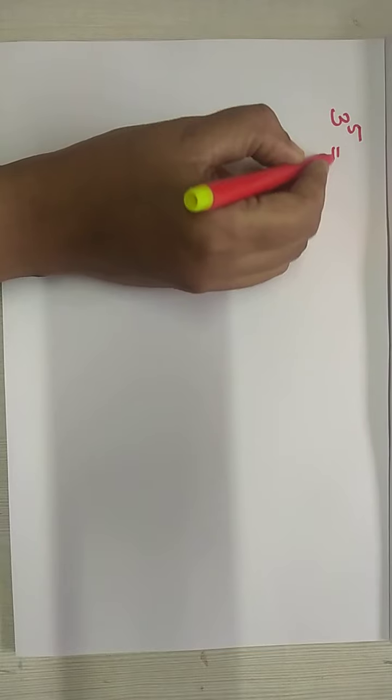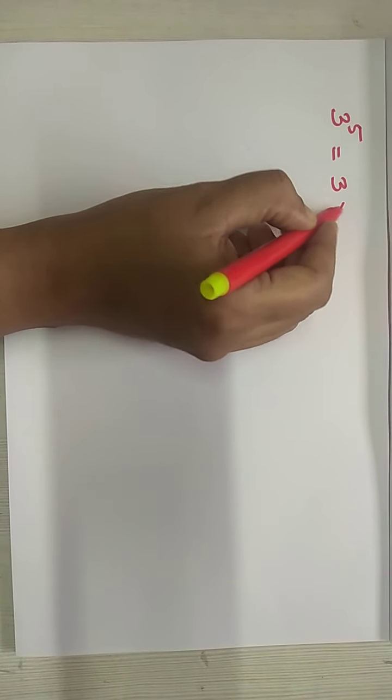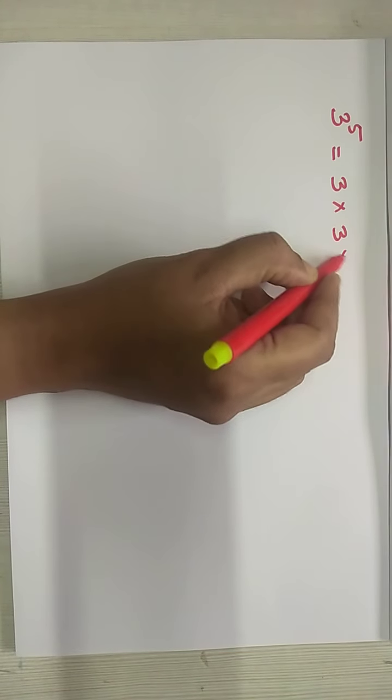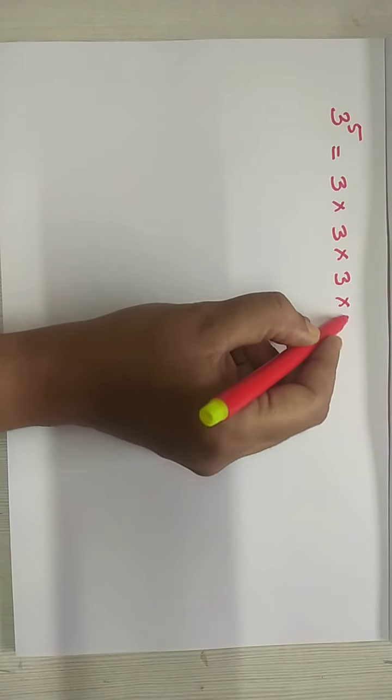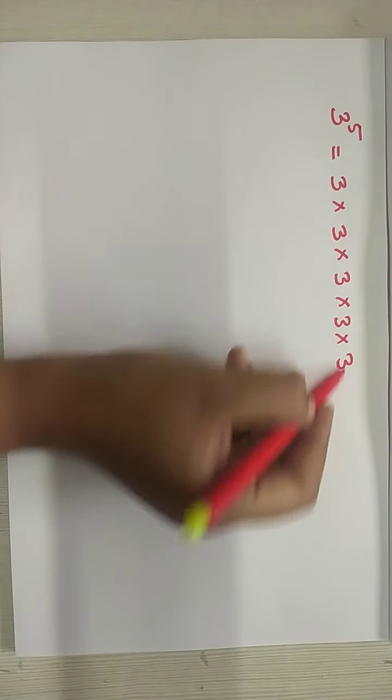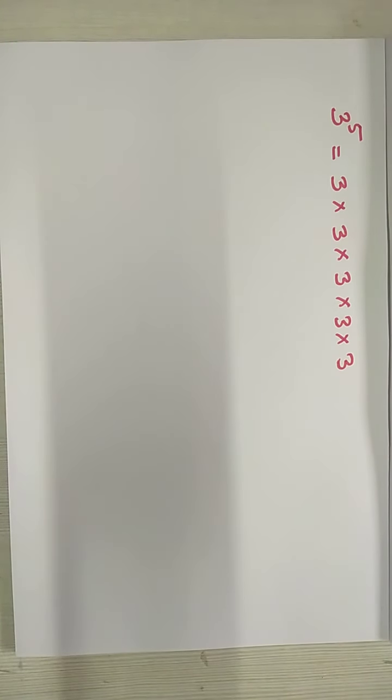Let's take more examples. For example, if I have 3 raised to 5, what does 3 raised to 5 mean? 3 into 3 into 3 into 3 into 3, 3 multiplied 5 times, right?